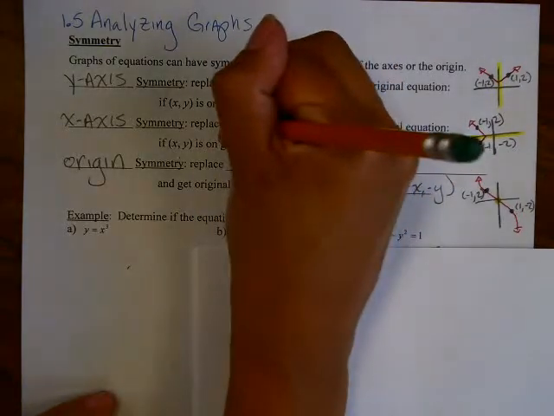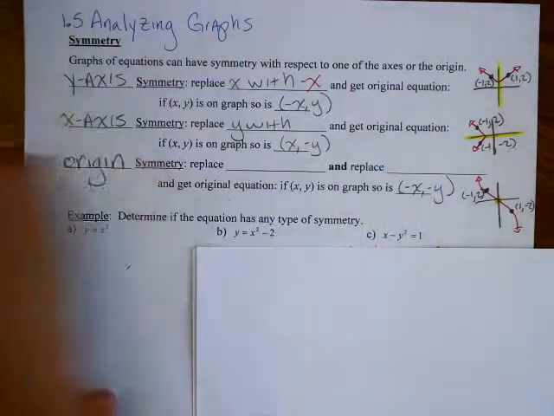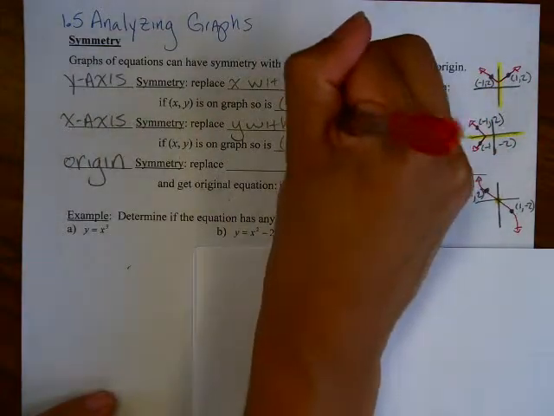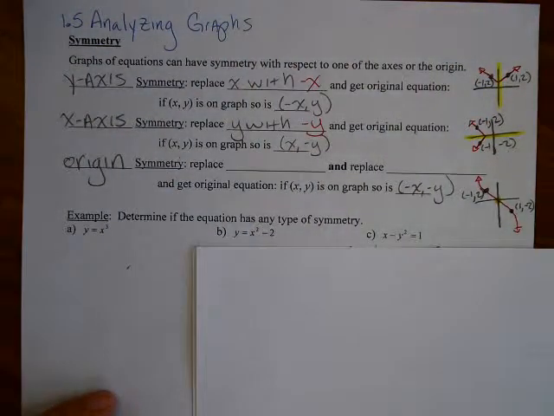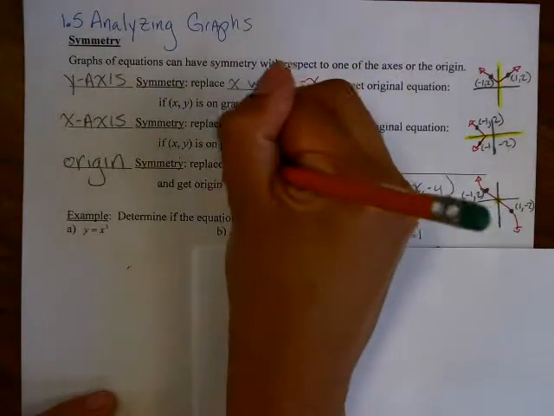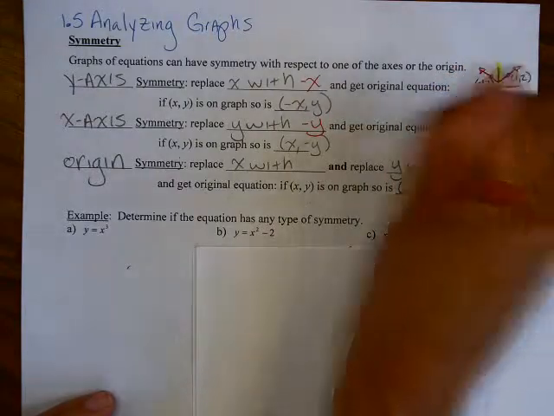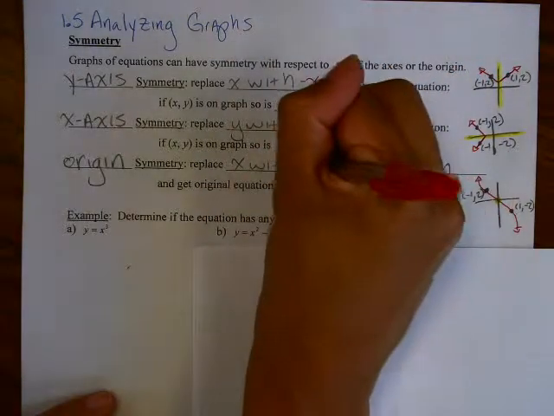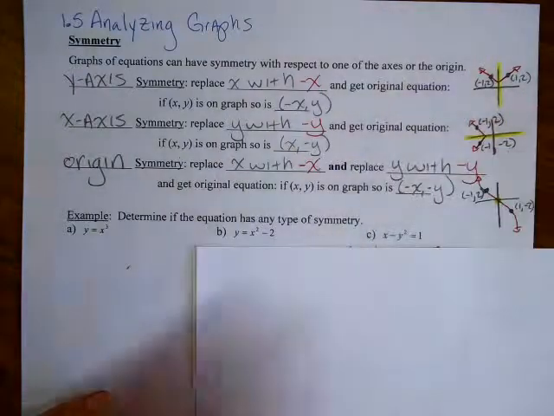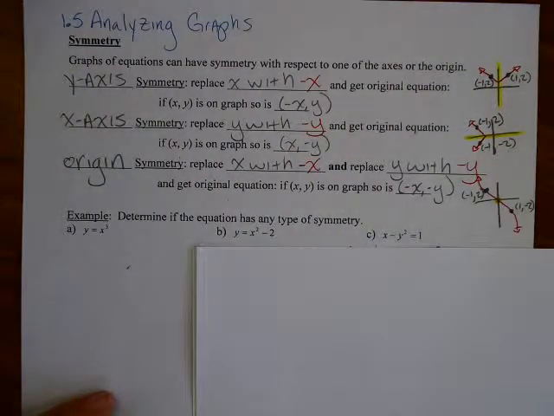For x-axis symmetry, we will replace the y with -y. See if you get the same thing. And finally, for origin symmetry, we're going to replace both the x and the y with their opposites. And then check to see if what we end up with is the same as the original.